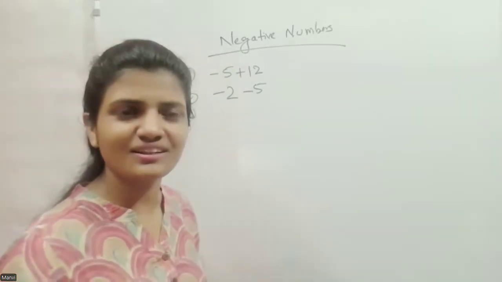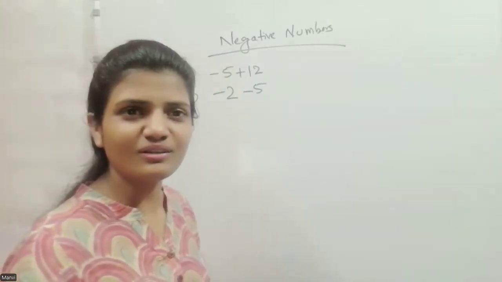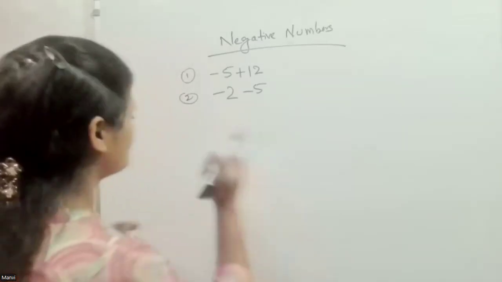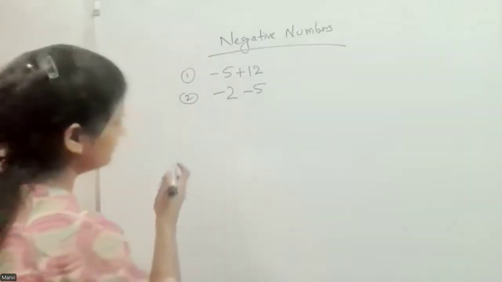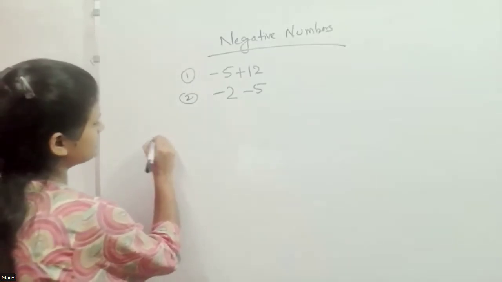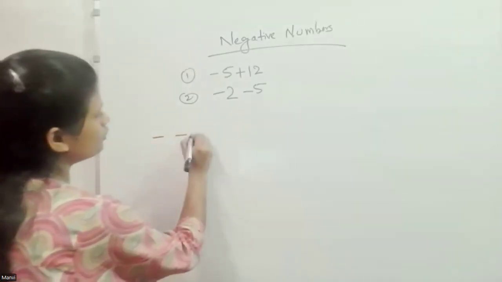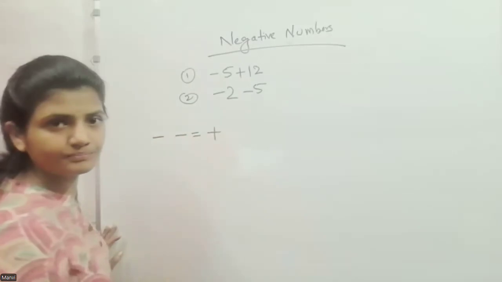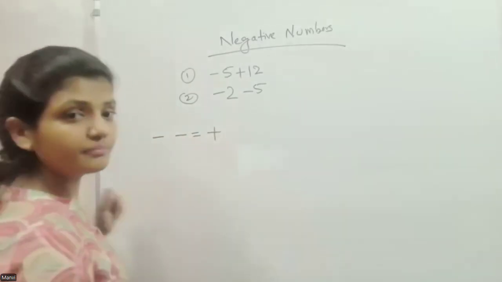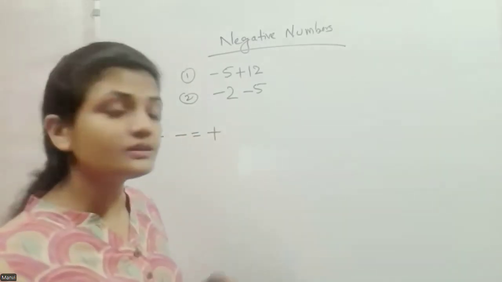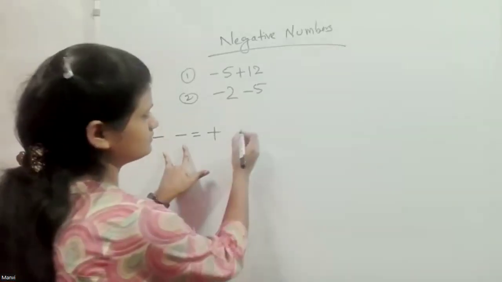I think you understood what's going on. So, think like this way. If there is a minus, then we always do the plus, but we need to put the sign of minus.